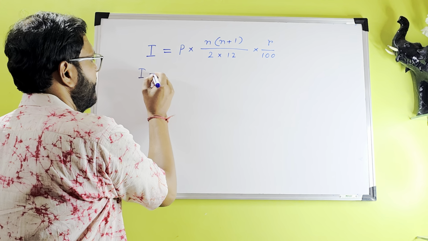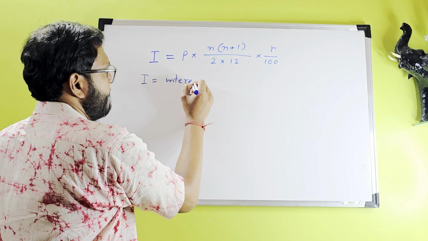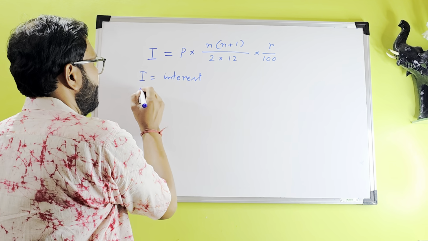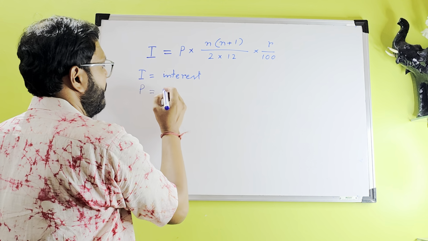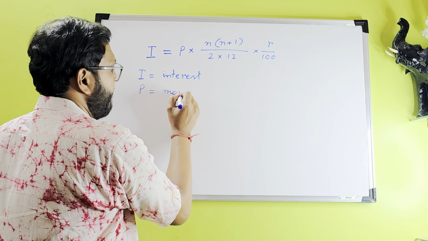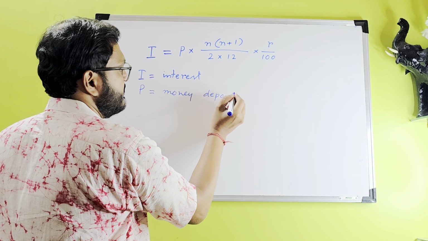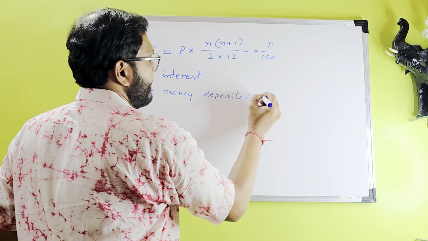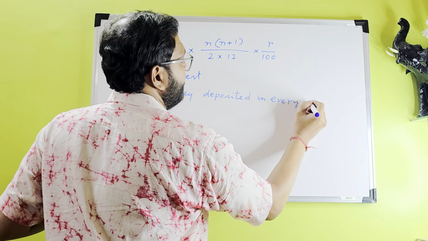I is equal to interest. P equals the money deposited in every month.